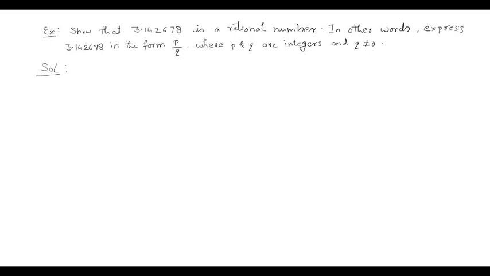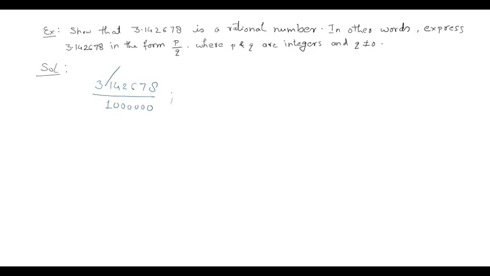Since this is a terminating number, it can also be written in the form 3.142678 divided by 1. We cancel out the decimal by multiplying numerator and denominator by 1,000,000.